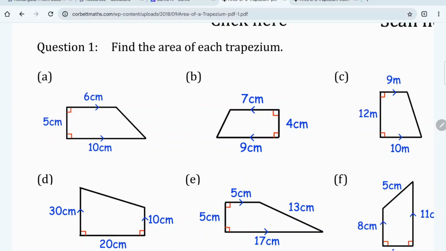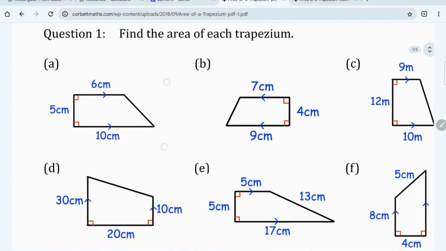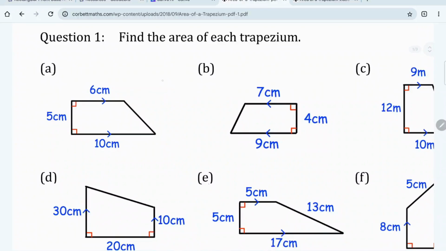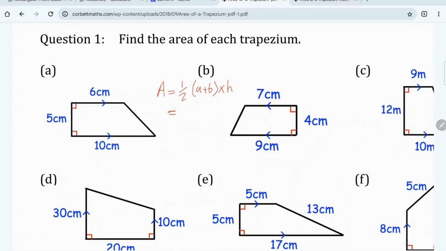So I've gone on to Corbett Maths, and we're going to do the first question on here, which is to find the area of a trapezium. So let's start by writing the formula. Let's put what we know into the formula. So we have half. A and B are the parallel lines. We can see here that these lines are parallel because they're the same distance from each other and they're going in the same direction.